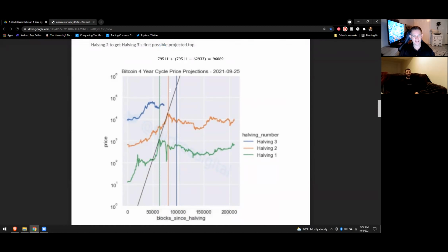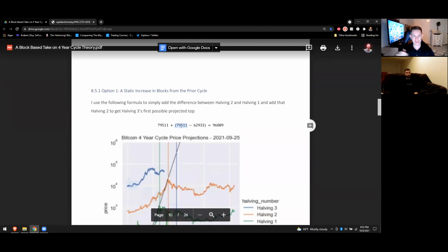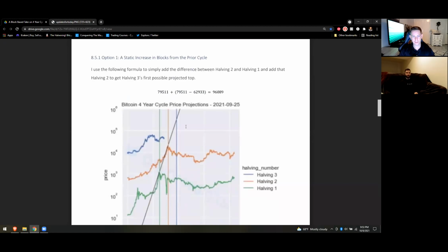This blue line here is if you take this cycle peak minus this cycle peak, and then you add it on. I'm talking about as we approach the orange line, if we could have a website with a countdown of how many actual blocks it is, like 79,000 blocks from the halving. So that's this 2017. How many blocks are we from halving currently?